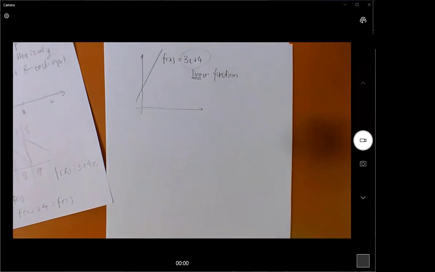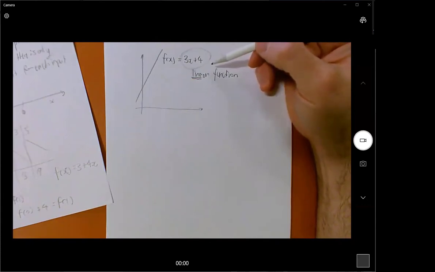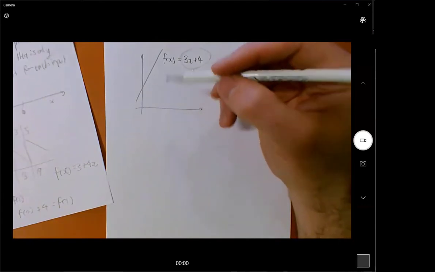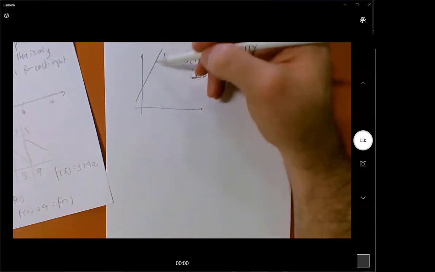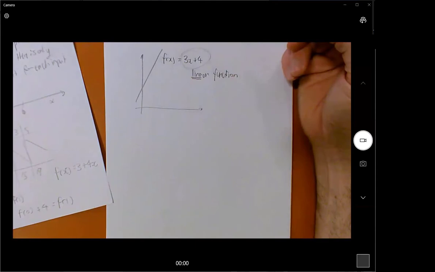But I will also say to you that this is a function way of writing this line. If I wanted to just write an equation that would check whether a point was on this drawing, I could write many different equations.